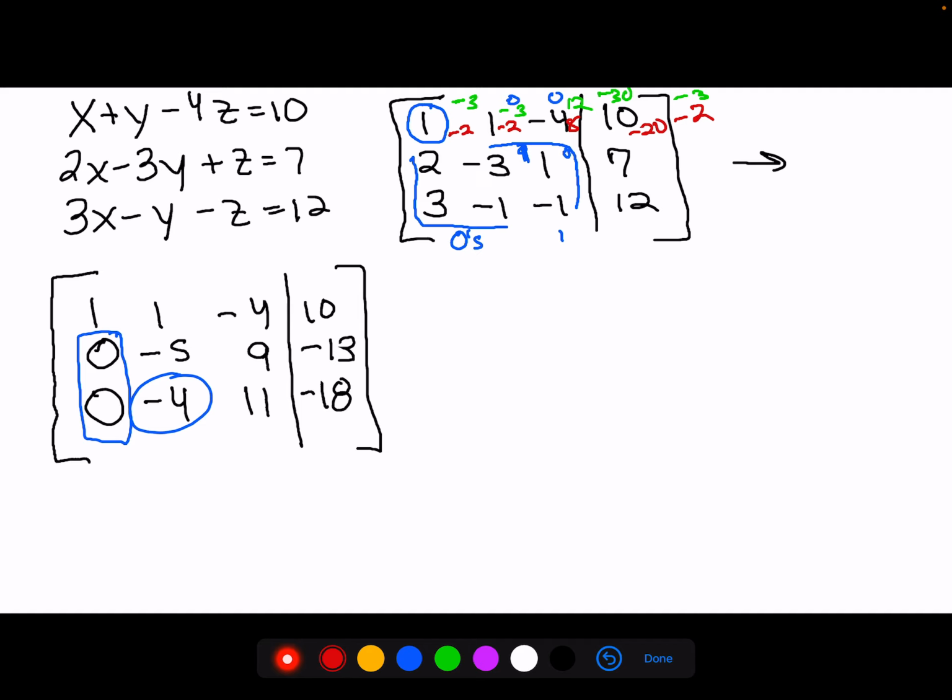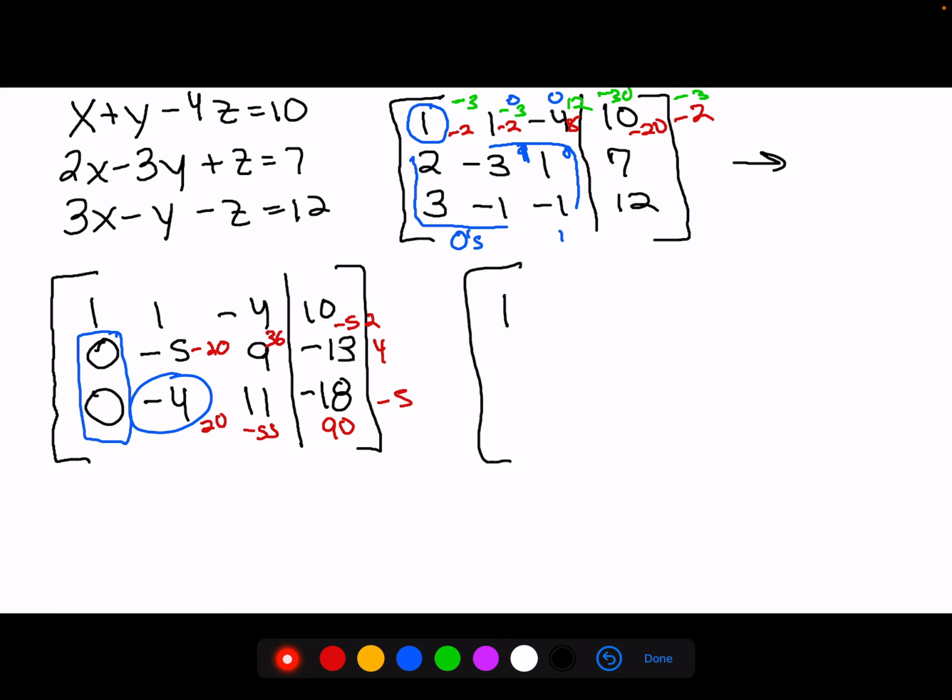So let's say that I multiply the second row by 4 and the third row by negative 5. Zeros won't change. 4 times 0 is 0, negative 5 times 0 is 0. But in that second row, I'd have negative 20, 36, and negative 52. And then the third row, I'll have 20, negative 55, and 90.